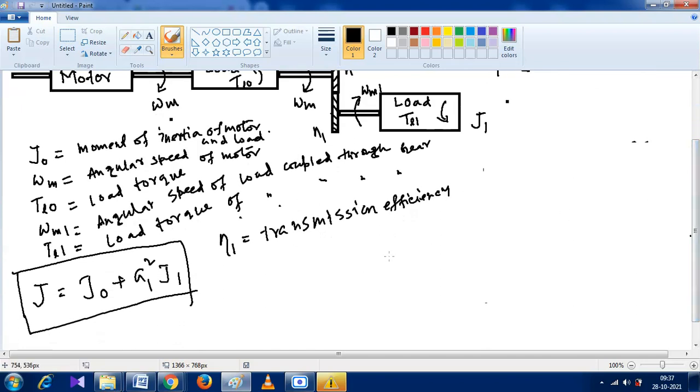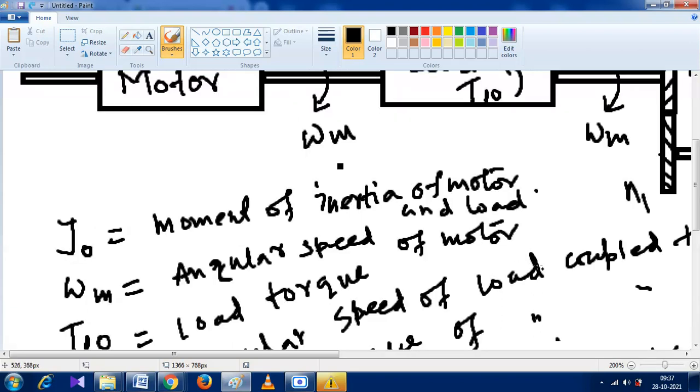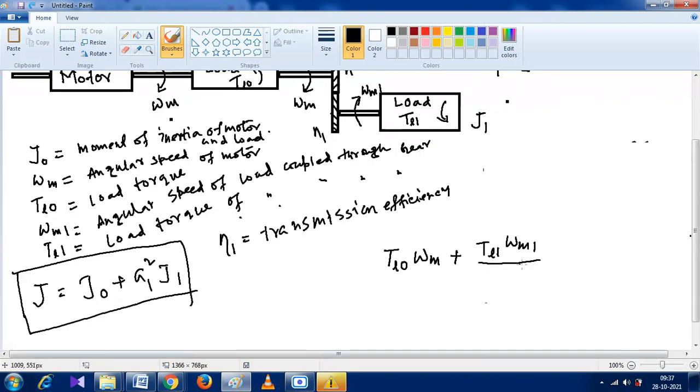So in the first system, the value of power is TL0 omega m. This is the power of the first system. And what is the power of the second system? TL1 omega m1 by eta 1.